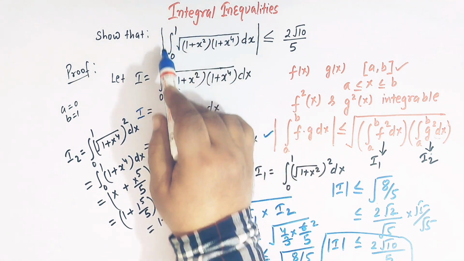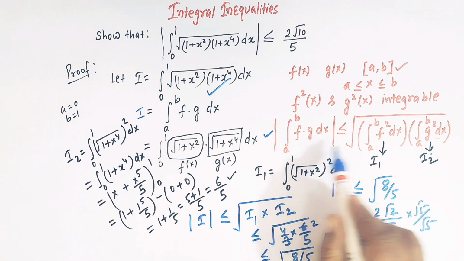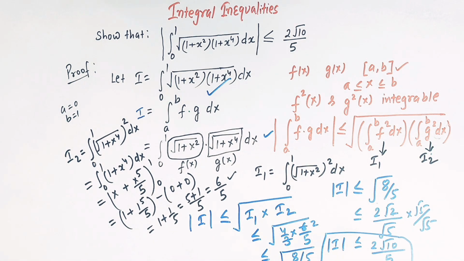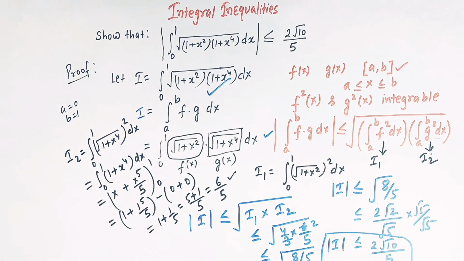Because I is this integral, mod of I is less than or equal to 2 times square root of 10 over 5. Right, so viewers, this is how by making use of this important inequality, which is known as Cauchy-Schwarz inequality, we can prove these kind of integral inequalities.